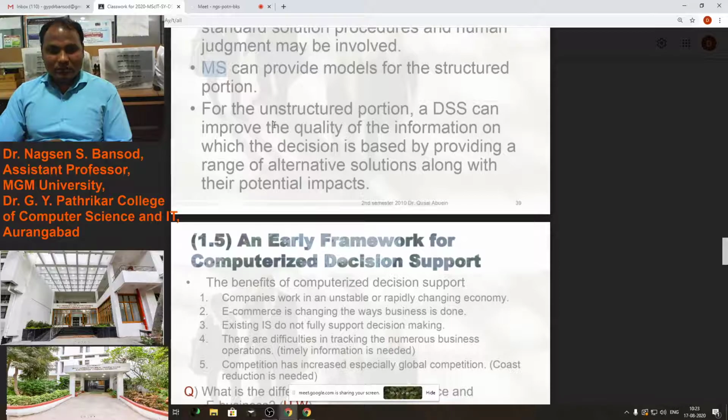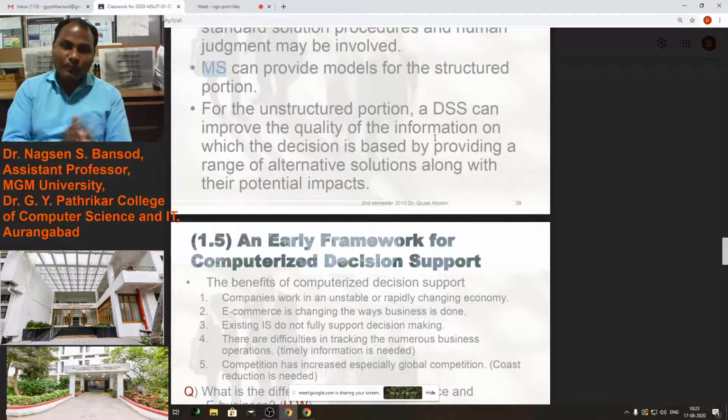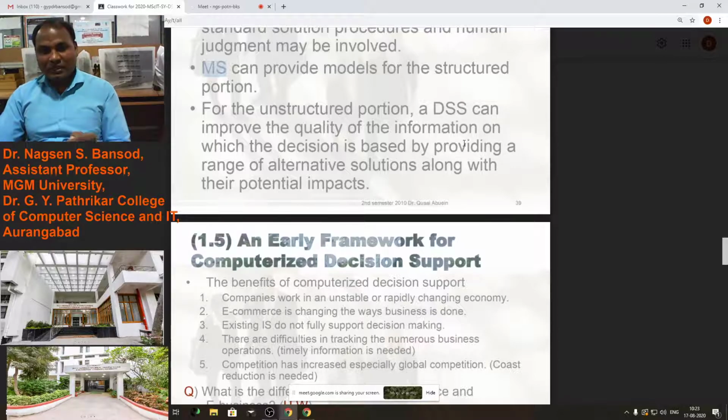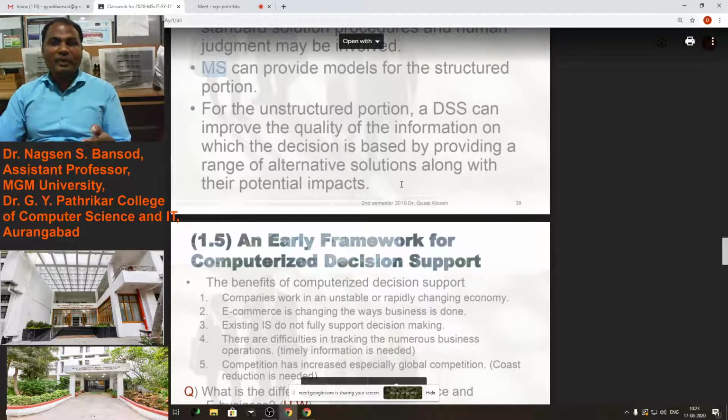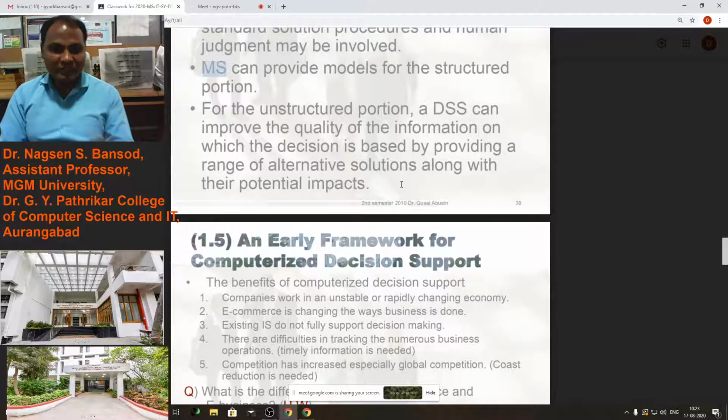For the unstructured portion, a decision support system can improve the quality of the information on which the decision is based by providing a range of alternative solutions along with their potential impact.